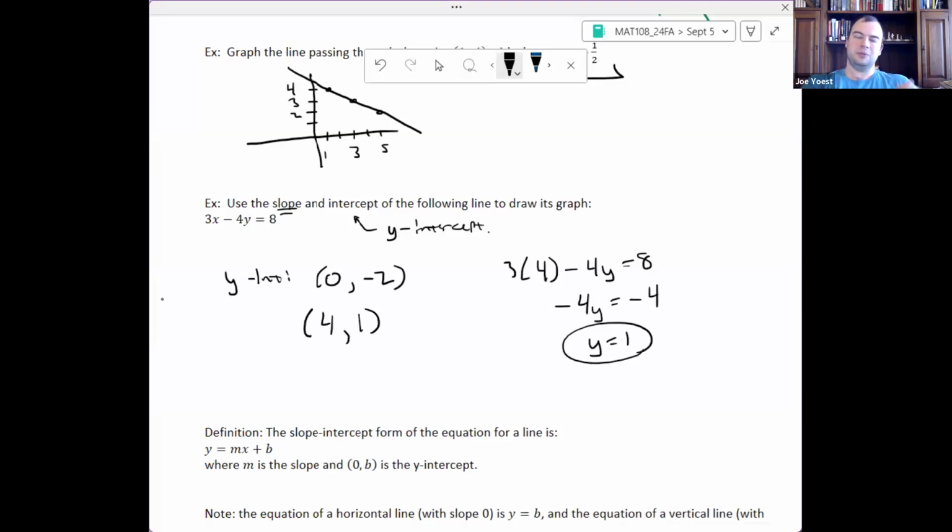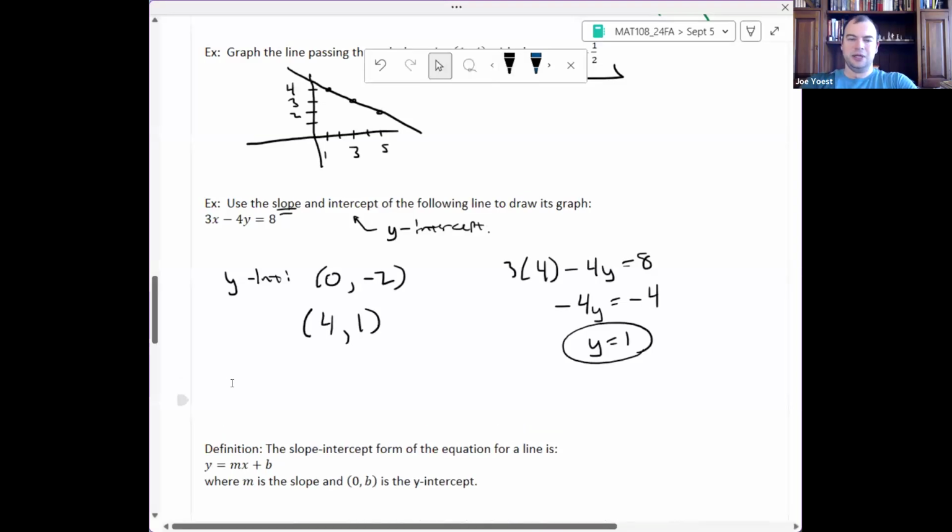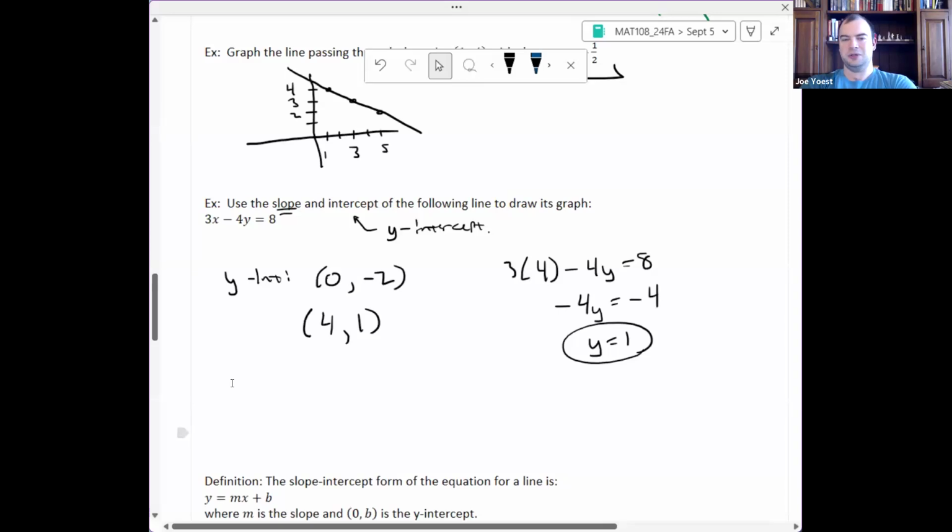So (4, 1) would be a good second point to use. Again, nothing inherently wrong with those other 2 points that I was discussing, but there's fractions. I don't really want to deal with a fraction in the numerator or denominator of another fraction. That's just more error prone, more places for me to make a mistake in the arithmetic. I'll pick an easier point to deal with instead.